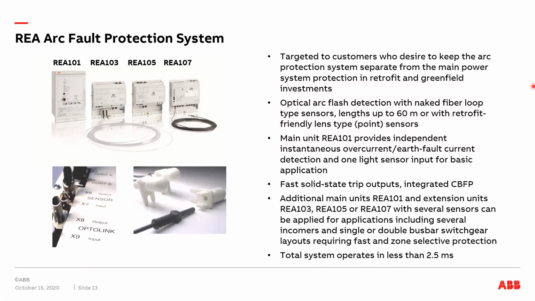This fast operation speed we can achieve no matter how many REA 101 units or extension units we have in the system that pick up and detect the arc light and simultaneous overcurrent. Circuit breaker tripping is initiated in 2.5 milliseconds or less.